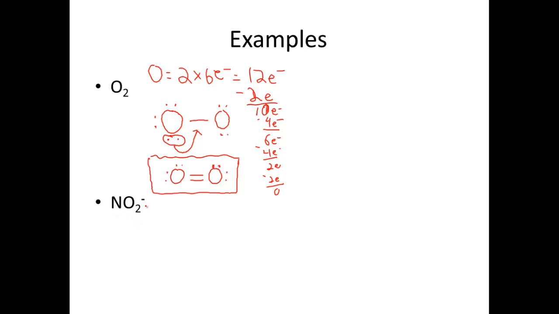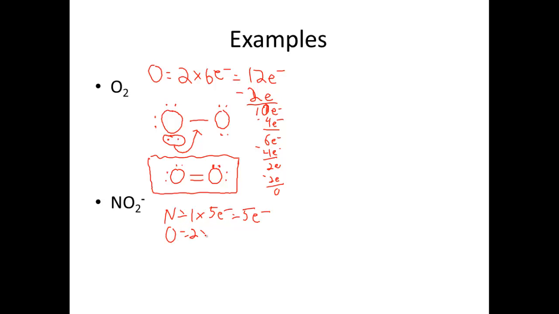NO2 minus. Now notice we've got this minus sign up top. From your polyatomics chart in your gold packet, we know this would be nitrite, but that minus charge is showing us something. So first off, nitrogen, we have 1 nitrogen, times 5 outer electrons for nitrogen, gives us 5 electrons to show from nitrogen.